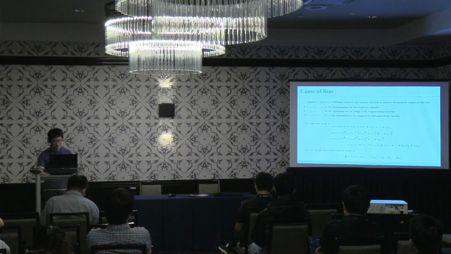Vector R is the representation of the image from the original image encoder. Vector RD is the representation of the image from the debiased image encoder. The relevance score estimated by the original retriever and the debiased retriever is a dot product between them, as shown in these two formulas.